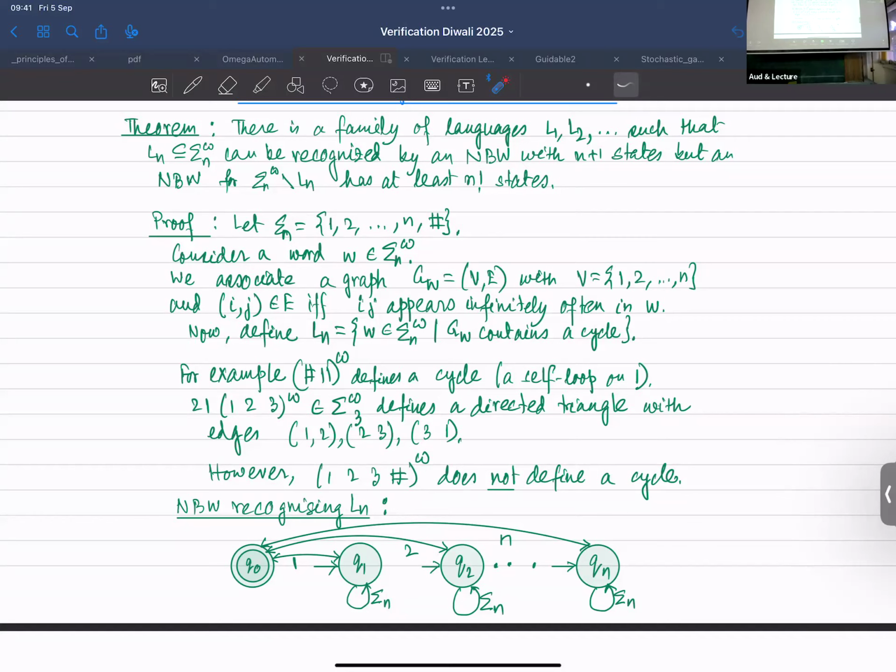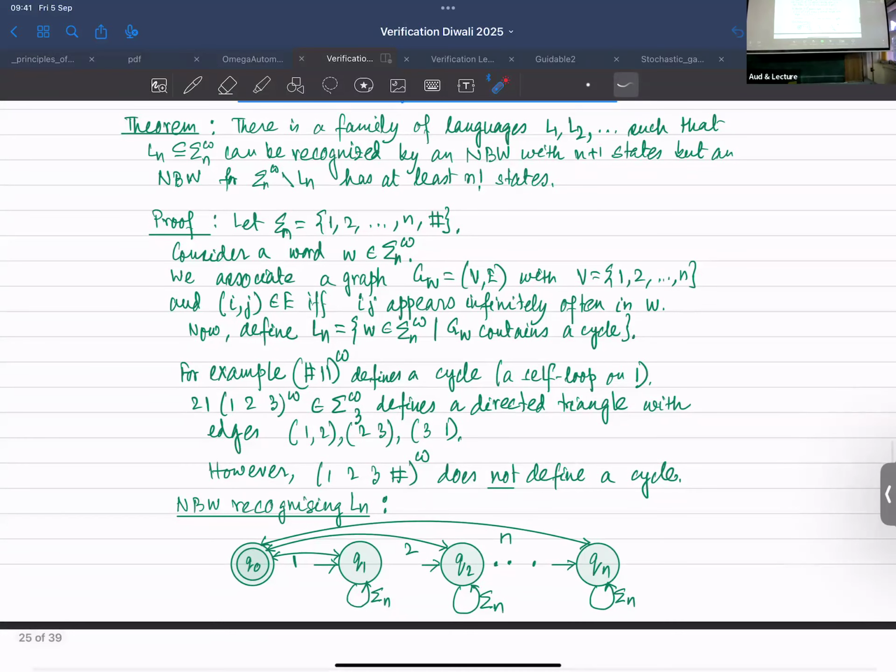I'm not just talking about 2 raised to n, but about n factorial states, which is again 2 to the order of n log n.